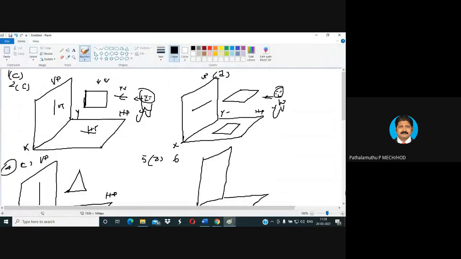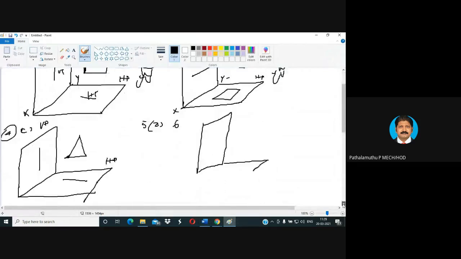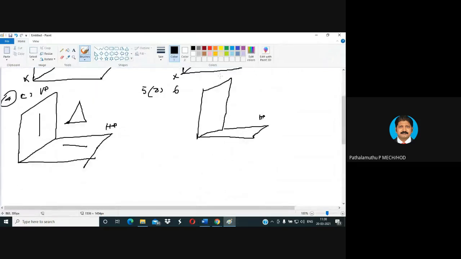So consider a square plane perpendicular to VP and inclined at some angle to HP.